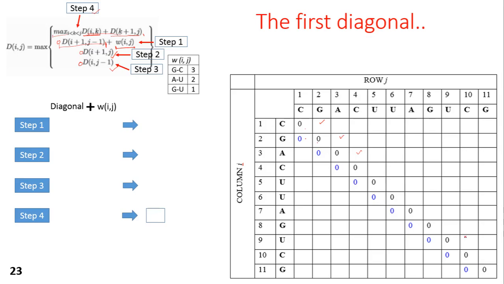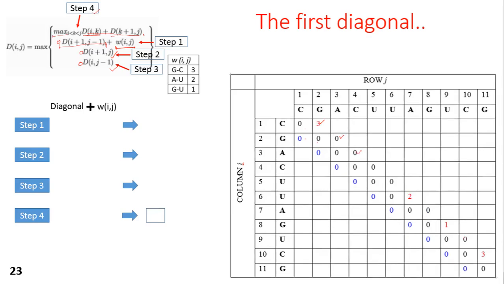So I would just fill it up. As you can see over here, the value of step 1 would be 0 plus the weight value.